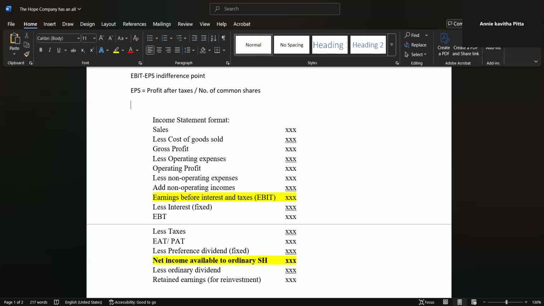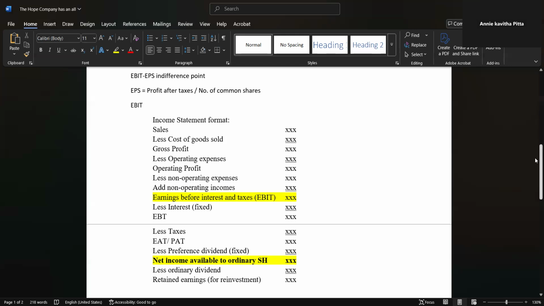So now, indifference point. Indifference point is for proposal 1 and proposal 2. Under these two proposals, whatever is EBIT, at that EBIT, EPS would be the same. Under proposal 1, if we are to find EPS, we do not know what that EBIT is. We are supposed to calculate EBIT. So take EBIT as it is, EBIT minus.